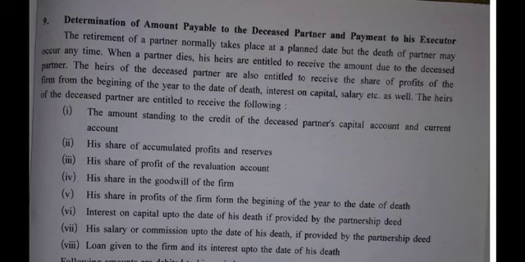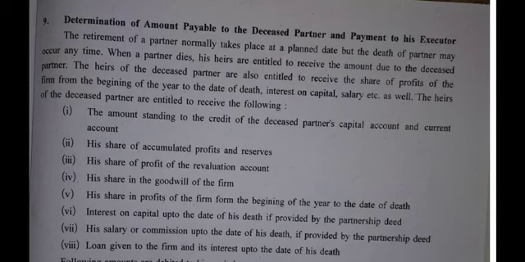Of course, our topic is determination of amount payable to the deceased partner and payment to his executor. So we are understanding what the amount payable to the partner who meets death is, and to whom it is payable.